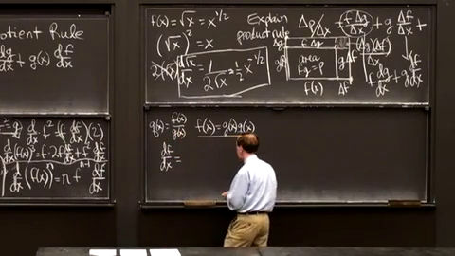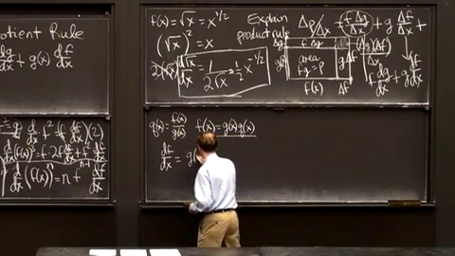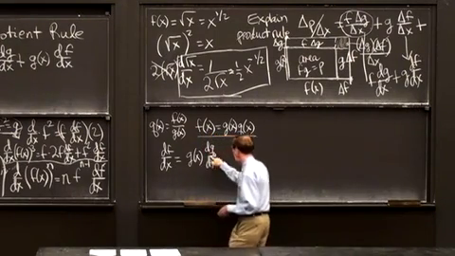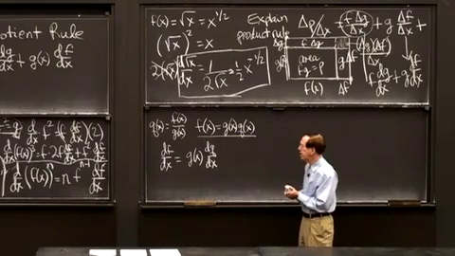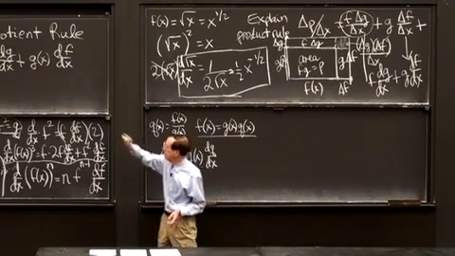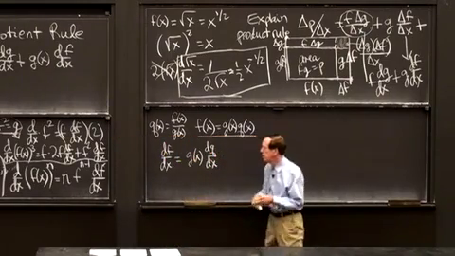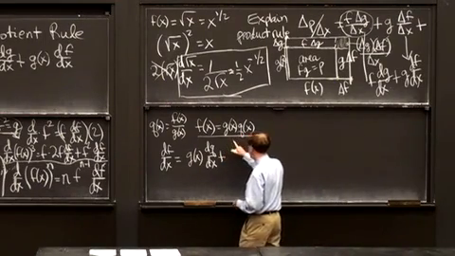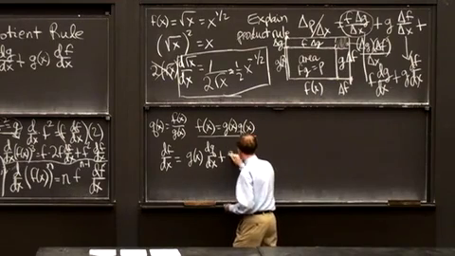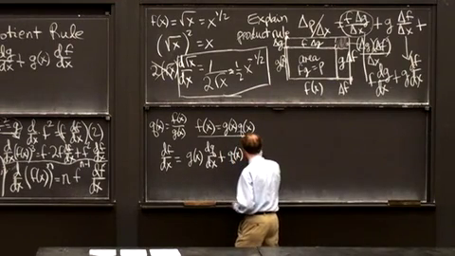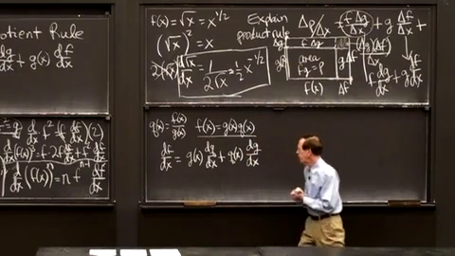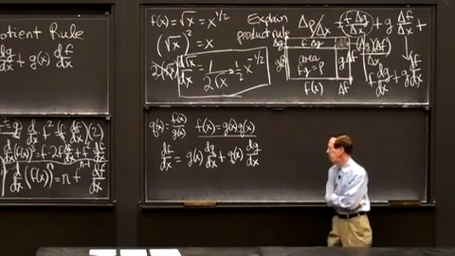Now I can use the product rule. It's g of x dq dx. That's the very thing I'm wanting. dq dx, that's my big empty space. That's going to be the quotient rule. And then the second one is q of x times dg dx. Right? That's the product rule applied to this.